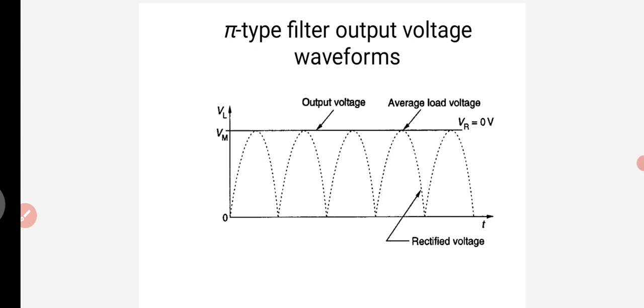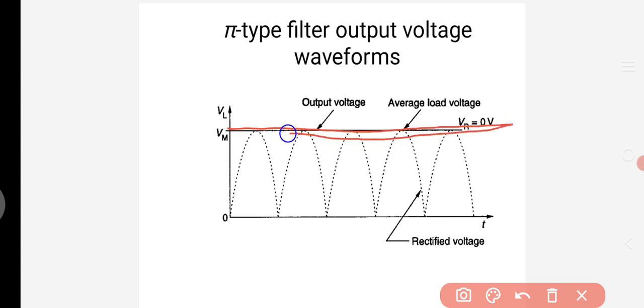When we are using two capacitors with an inductor connected in series, we can get the maximum DC output from this filter. That means we can eliminate the ripple AC components as much as possible. The AC component, meaning ripples, will be filtered out by the filter circuit.